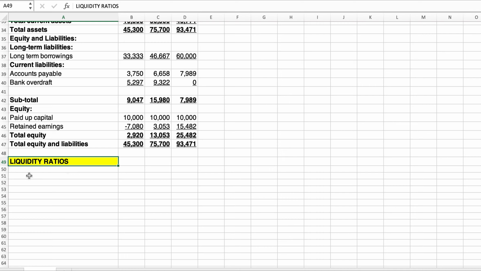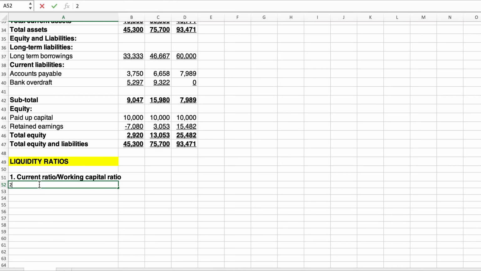So liquidity ratios are majorly three. One, you can talk of current ratio, which you may also call working capital ratio.